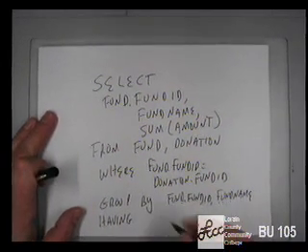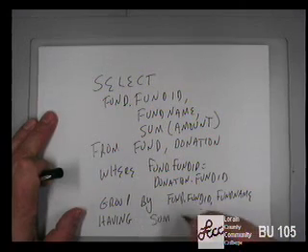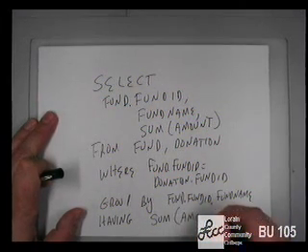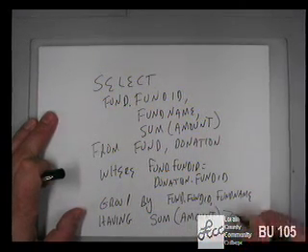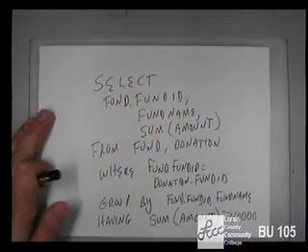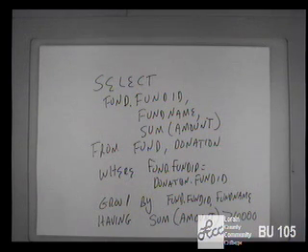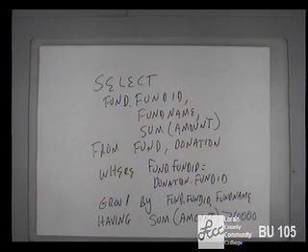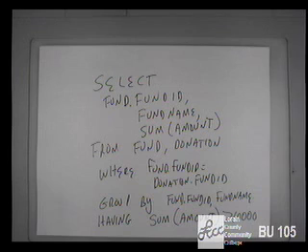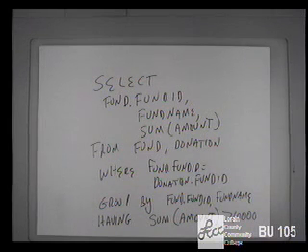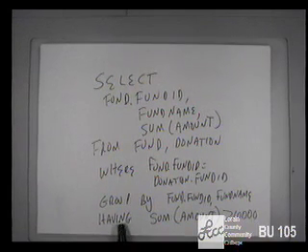So I could say having sum of amount greater than 10,000. And what SQL would do is calculate for each fund the sum of all the donations, but then it would only show me those funds where the sum of the donations was greater than $10,000. So that's why I say the having is sort of like the where clause.